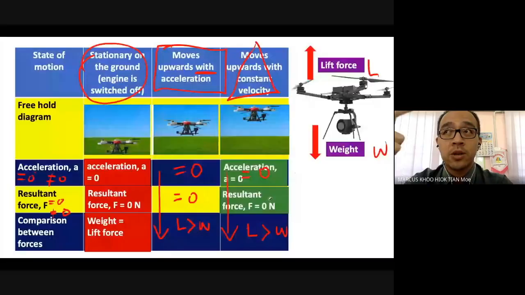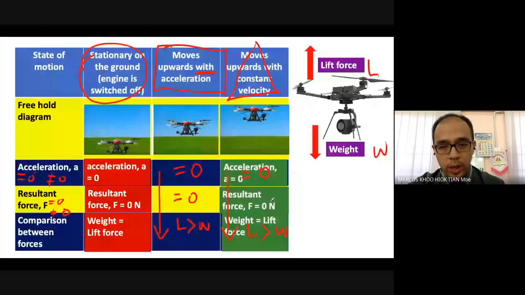I suspect that this is something that I will be constantly shouting at you all in this chapter. Don't forget, acceleration 0 means resultant force is 0. Please be careful. All right, what about the last one? If the resultant force is 0, the lift force is equal to the weight actually. So this is also wrong.